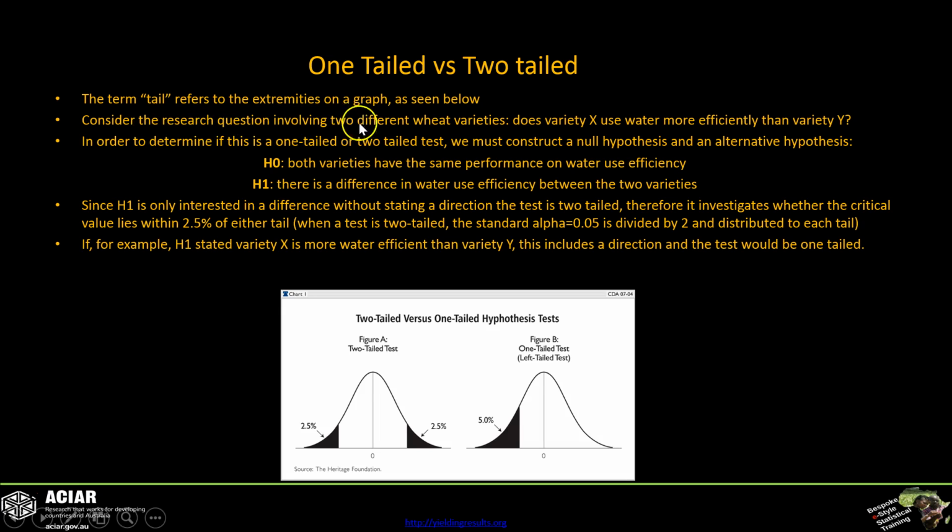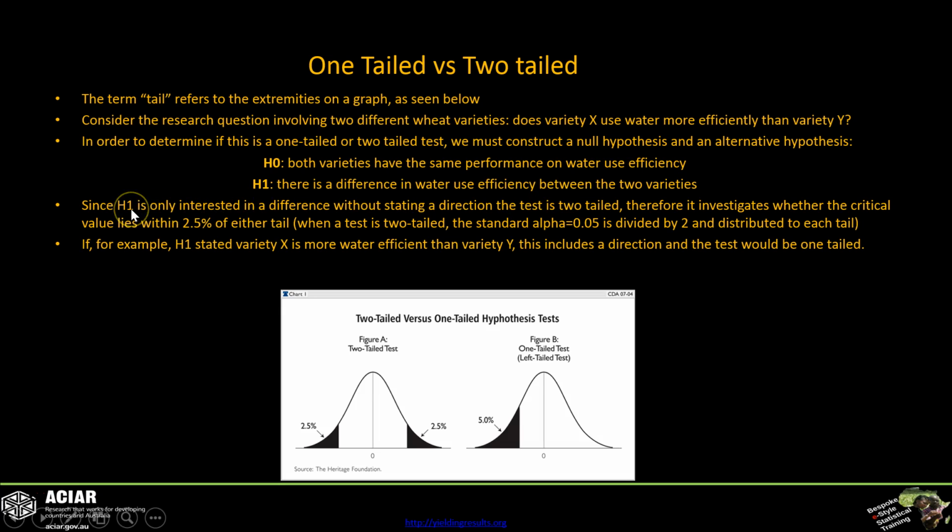Consider the research question involving two different wheat varieties. Does variety X use water more effectively or efficiently than variety Y? In order to determine if this is a one-tailed or a two-tailed test, we must construct a null hypothesis and an alternate hypothesis. The null, if both varieties have the same performance on water use efficiency, and the alternate would be there is a difference in water efficiency between the two varieties.